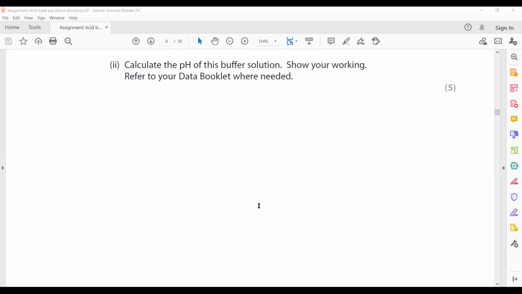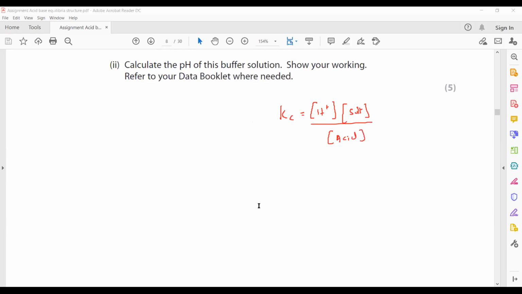Because this is a reaction between an acid and an alkali, making a buffer solution, for the buffer solution Ka is equal to the hydrogen ion concentration times the salt concentration divided by the acid concentration.